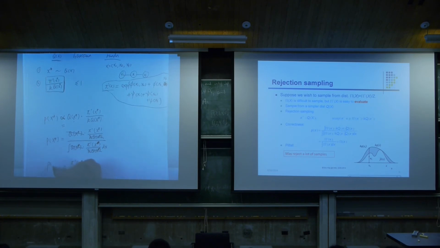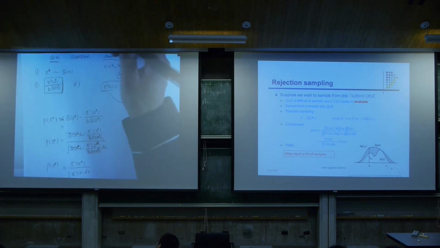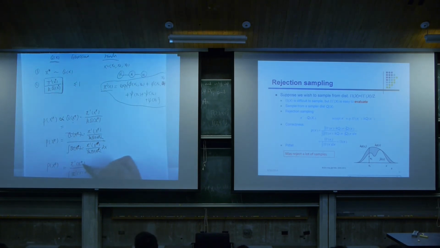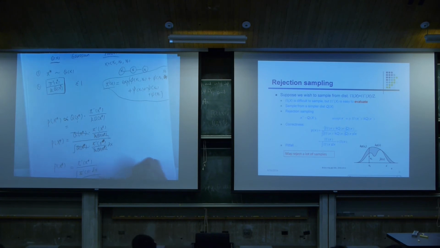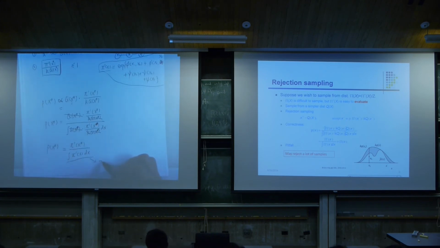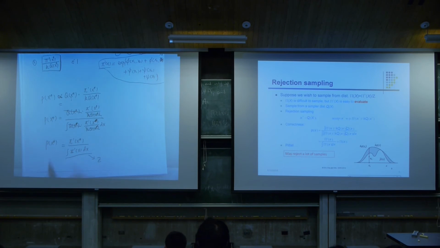This is exactly the definition of the original distribution, right? Pi prime x star, pi prime, and this part is a partition function z. So that is to say p x star equals pi x.